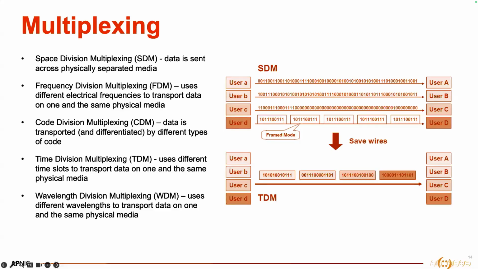And last but not the least, wave division multiplexing, WDM. So what is wave division multiplexing? Wave division multiplexing is something where all the data are sent in different wavelengths, right? So what do we know about wavelengths? Wavelength means the distance between 2 peaks of 2 consecutive waves, right?